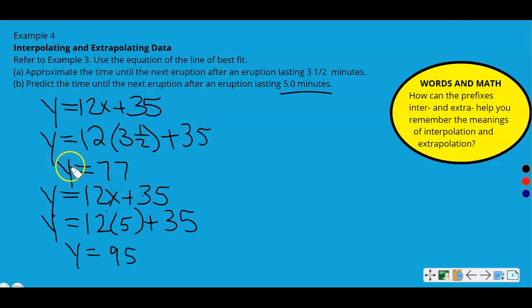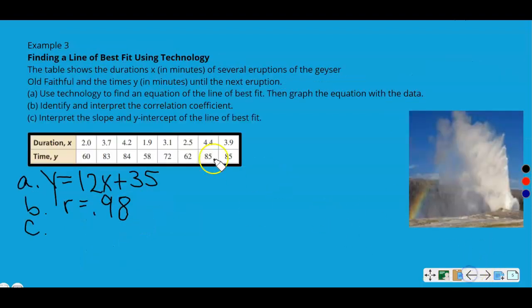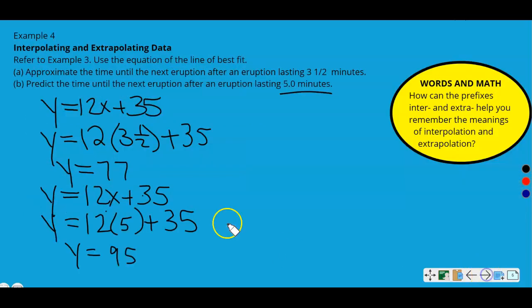So 3.5 minutes is considered interpolating. If you look, 5 goes outside the data. 4.4 is the largest number here, and 5 is outside of that. So if you want to know what these terms look like in real life, this one would be considered interpolating, and this one would be extrapolating.